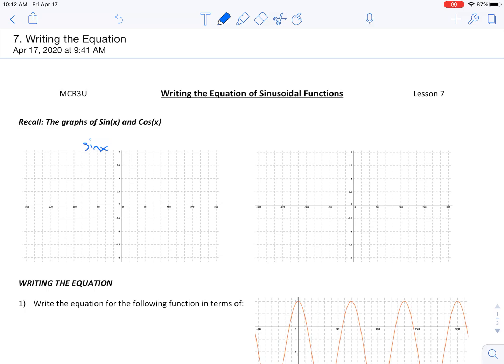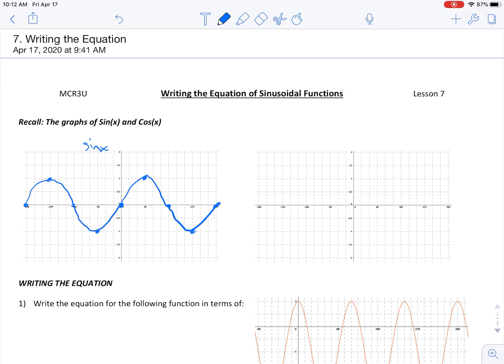But before we do that, I just want to remind ourselves of sine and cosine graphs and look at a couple things. So hopefully at this point you know the sine and cosine graphs. So here is sine. It starts at 0 and goes up to 1 for a max and has a period of 360.